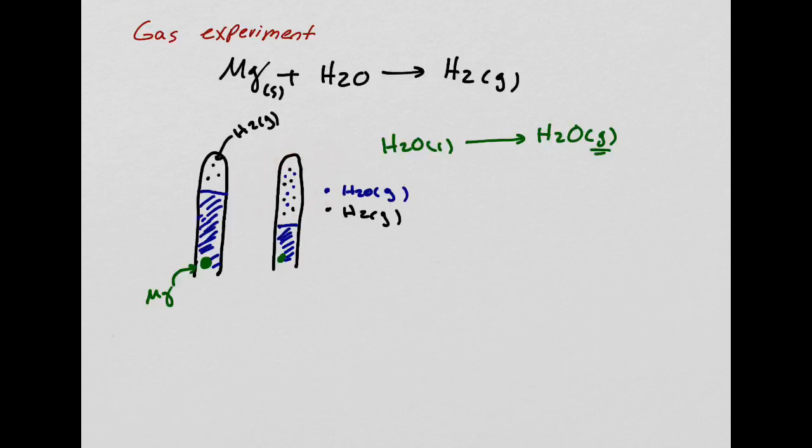My P total is going to be the H2 gas that is being produced, but also some water H2O gas, because over time some of the water will evaporate and become H2O vapor. So I have both of them at the same time. So far, so good.